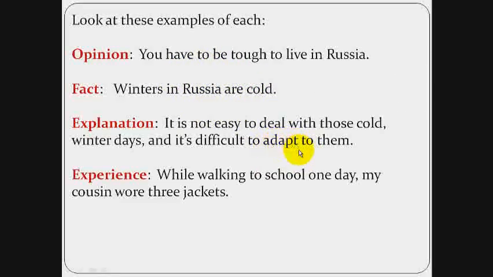You can't adapt to live in Russia, so it is not easy to live in Russia, especially in winter time. So now we have an opinion statement, then we have a fact that relates to my topic sentence. Then again I did an explanation that gives extra detail about my topic sentence.